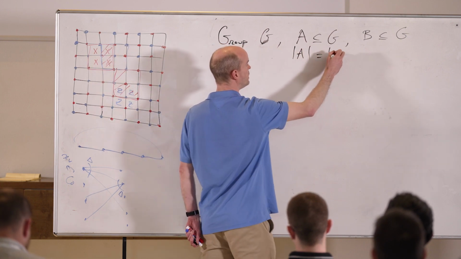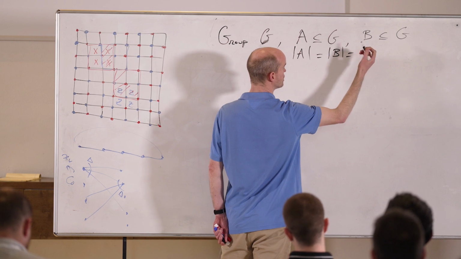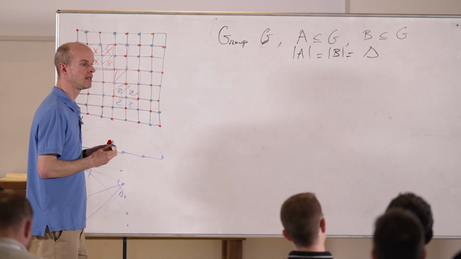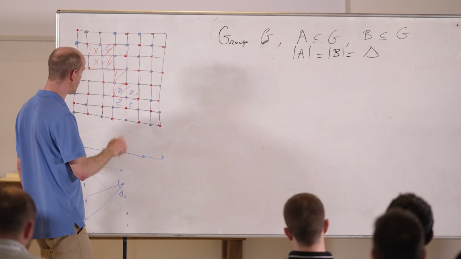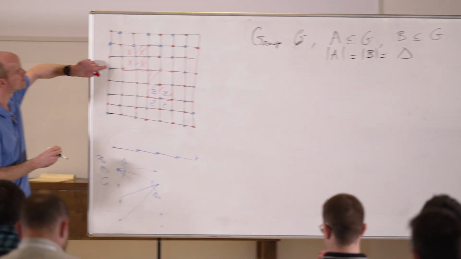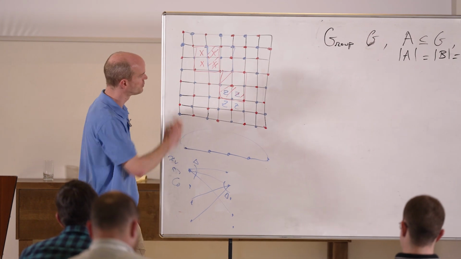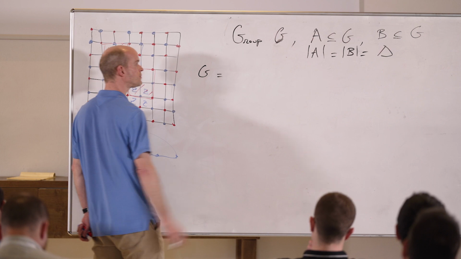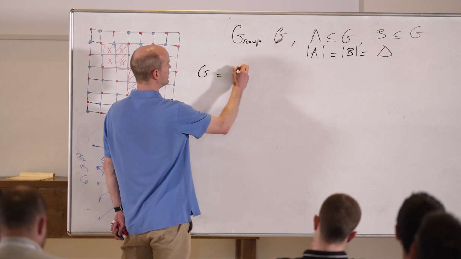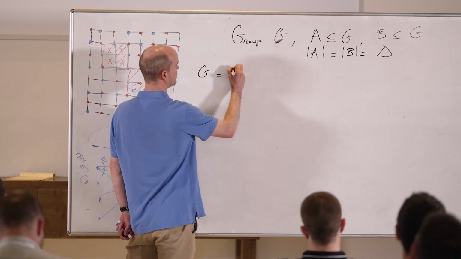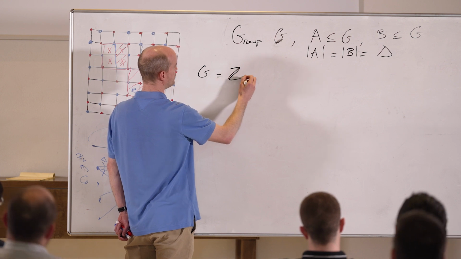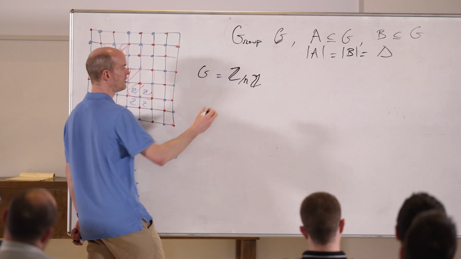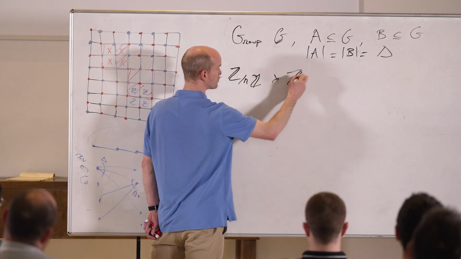These things will tell me how I get my edges. Yes? A is not a group. So for instance, the group that would correspond to the surface code would be Z over nZ times Z over nZ, integers mod n times integers mod n.